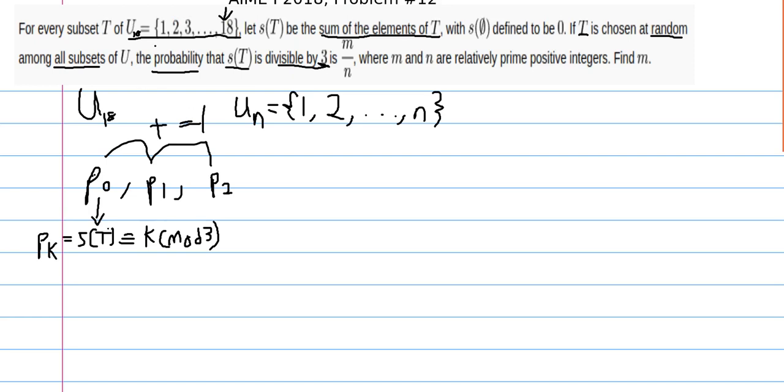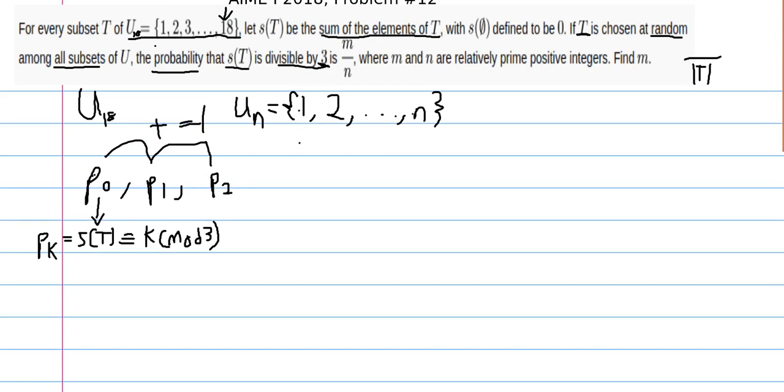Another thing we should figure out is what we call the sample space of t. How many possible values of t are there? Because that will give us our denominator. In other words, how many subsets of U are there? You look at each element, and there are two options: it's either in t or it's not in t.